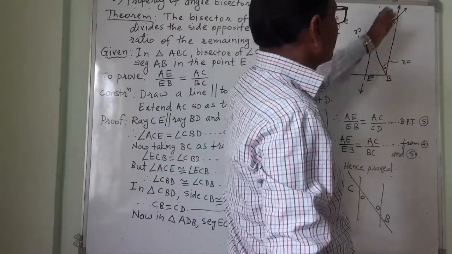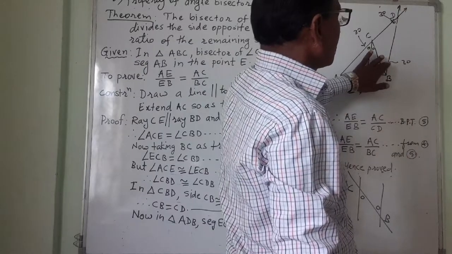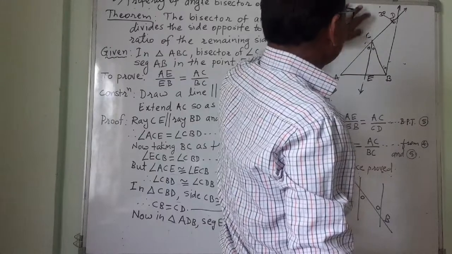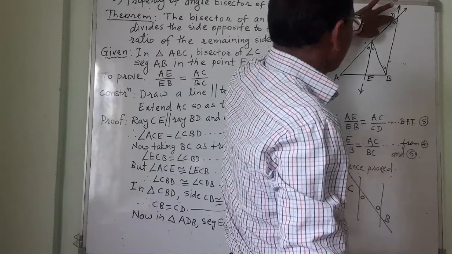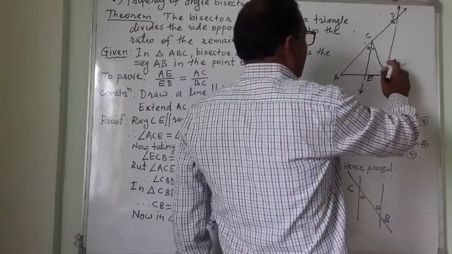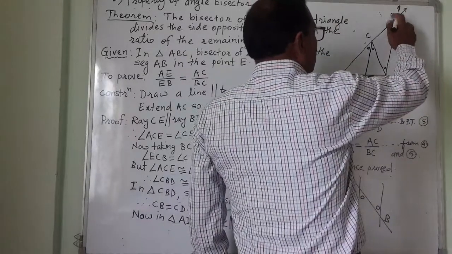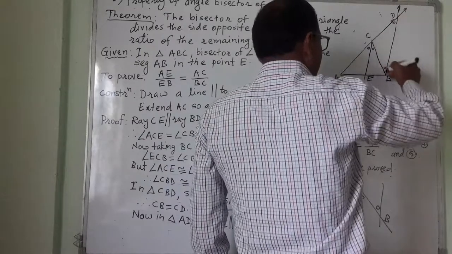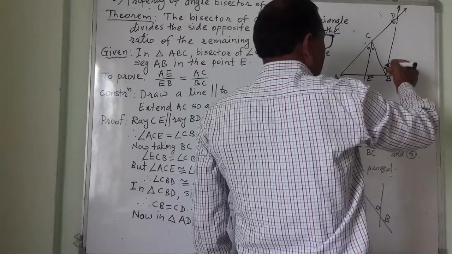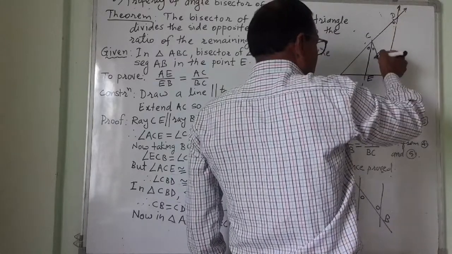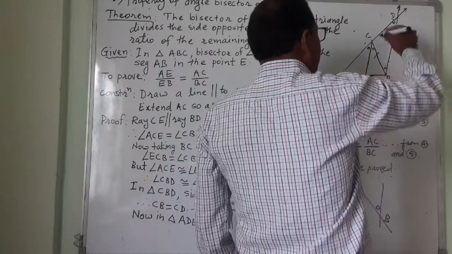So what is the type of the triangle? It is the isosceles triangle. The sides opposite to the congruent angles would be also congruent. Means this angle and this angle is same. So in triangle CBD, this and this is same to this. Side opposite to this is this. Side opposite to this is this.